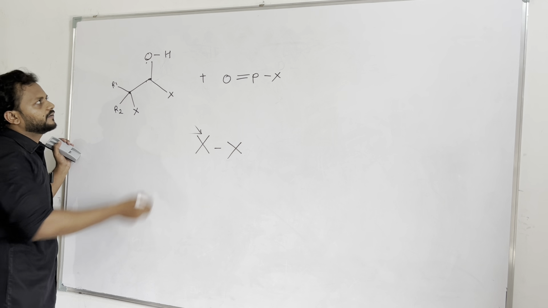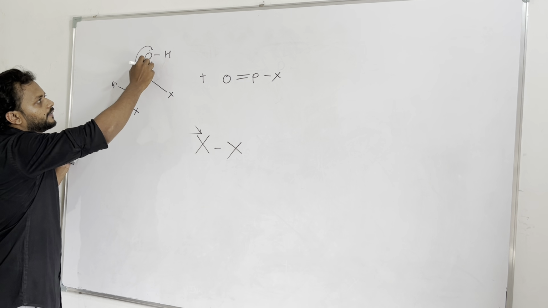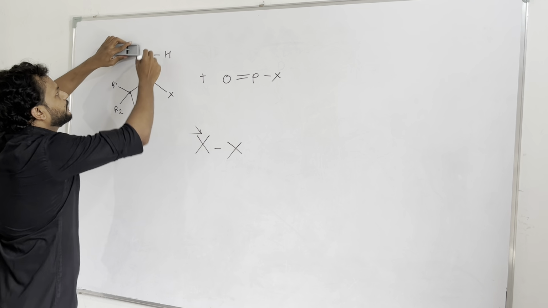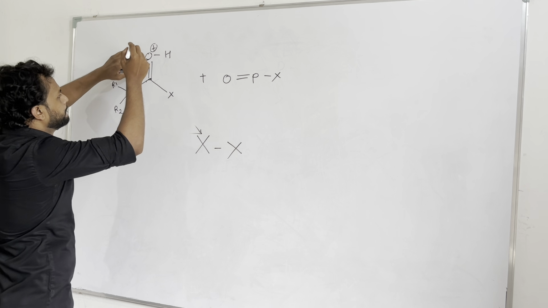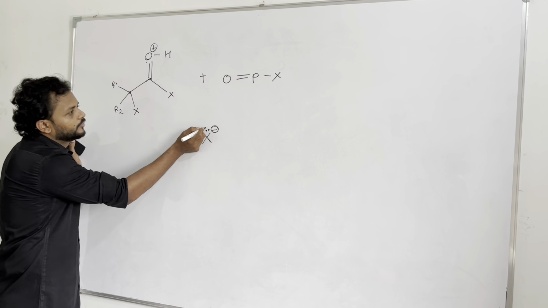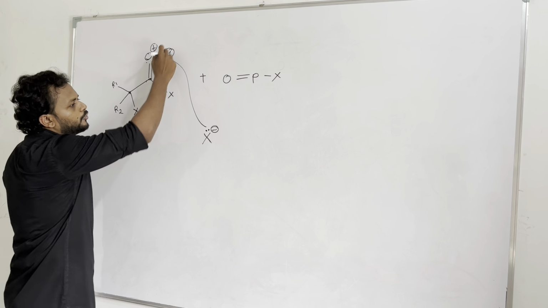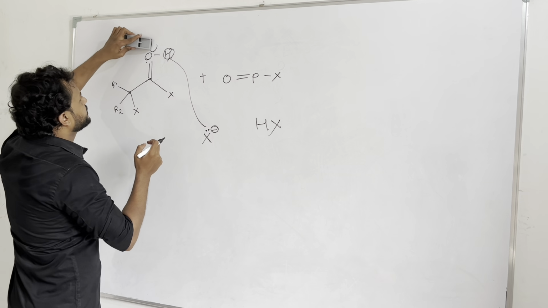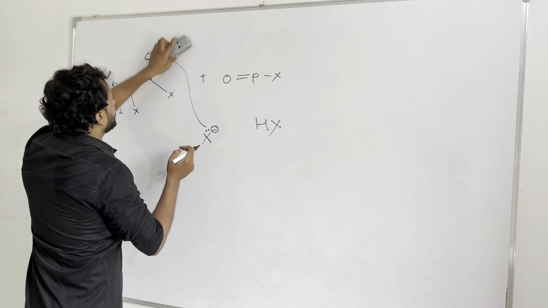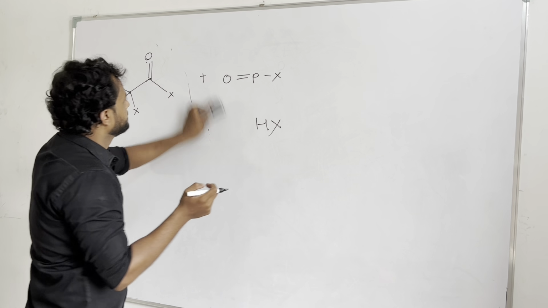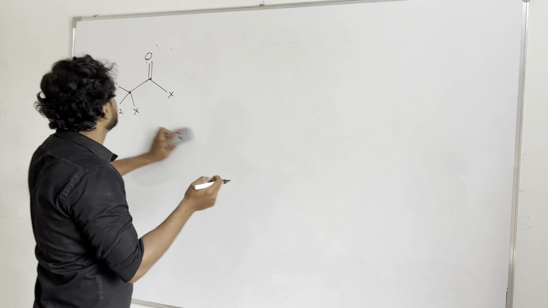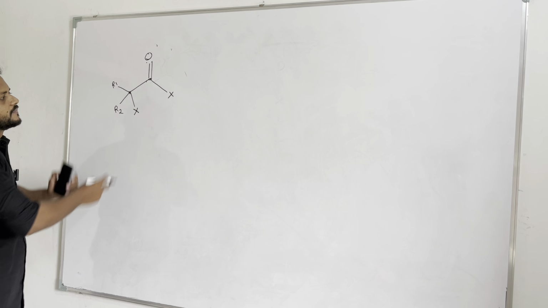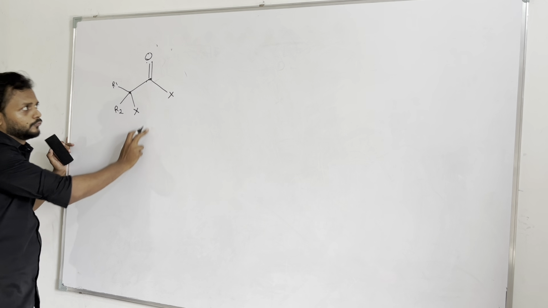So again that oxygen is going to make a double bond and will be positive, and the other halogen is going to grab that proton and again will form HX. So this oxygen is stable as well, and we have this compound right now.